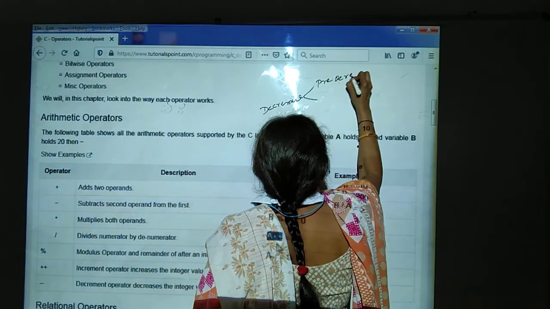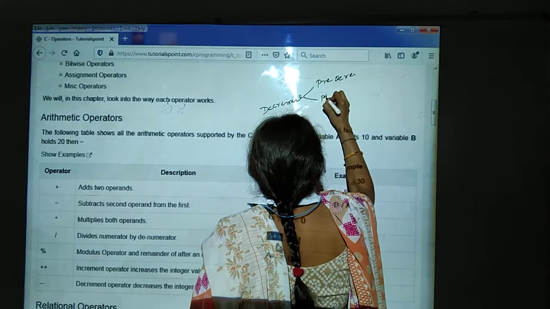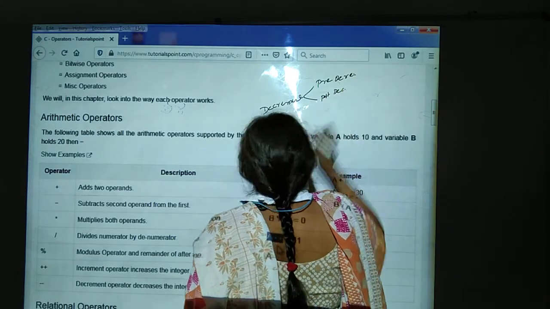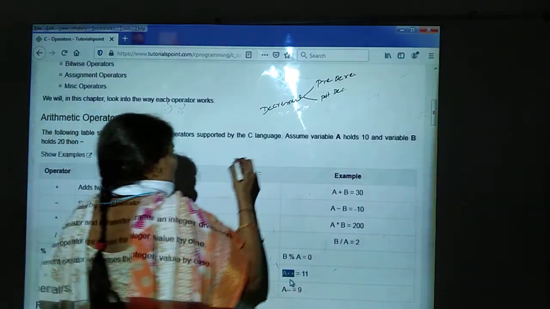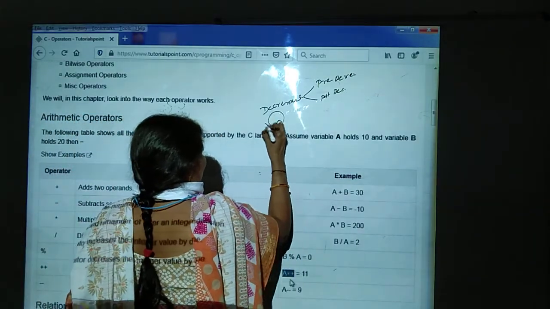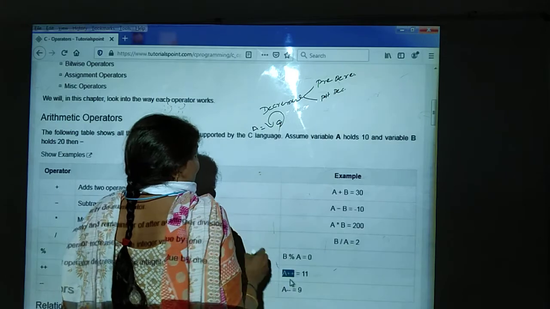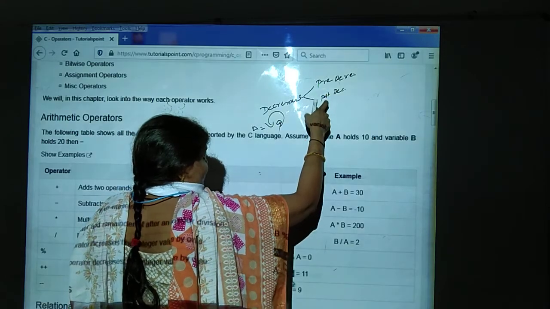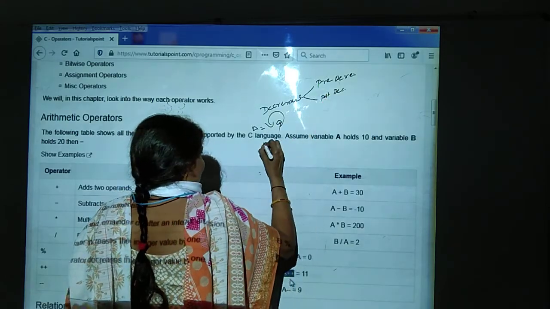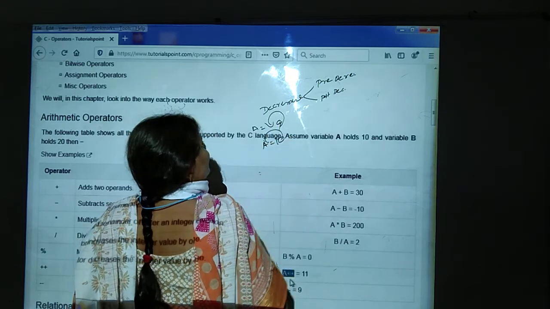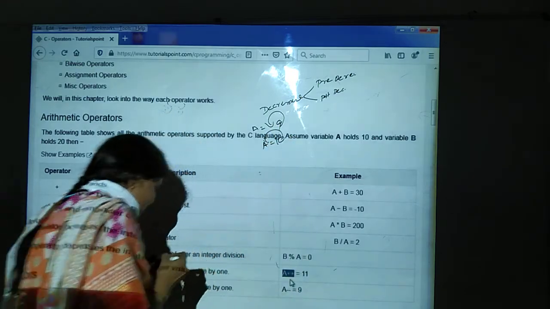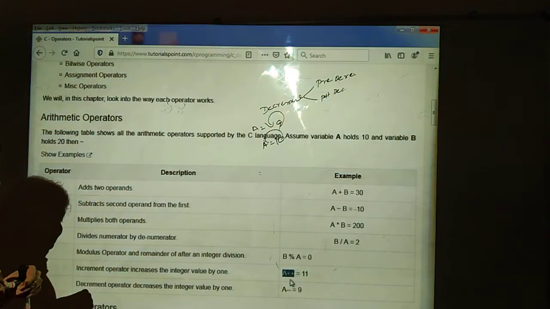Pre-decrement means first the value will be decremented, the value will be decreased by one, then after that the value will be assigned to the variable. In post-decrement, first the value will be assigned, with a holding 10. After that the value will be decremented. That is the difference between pre-decrement and post-decrement.